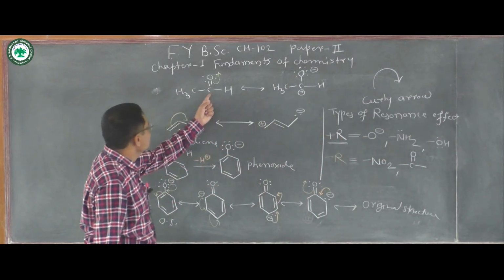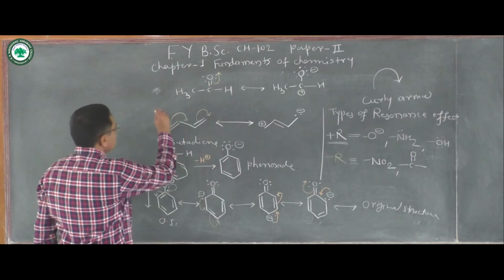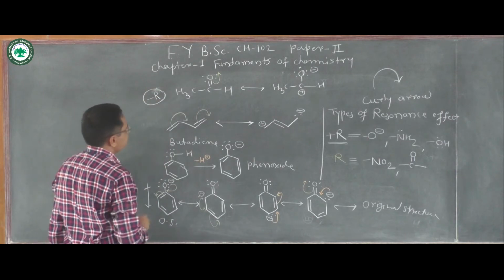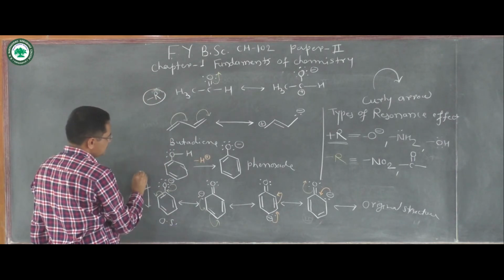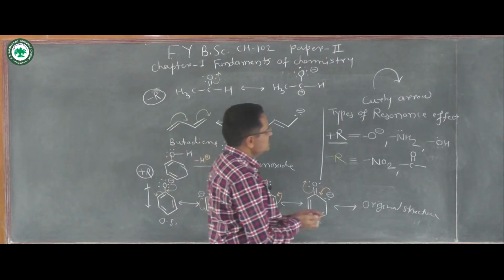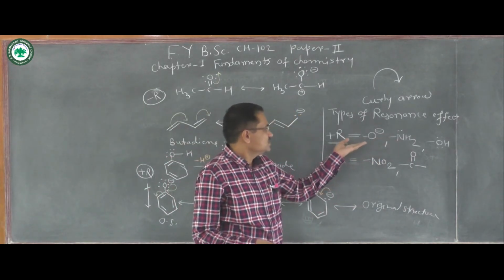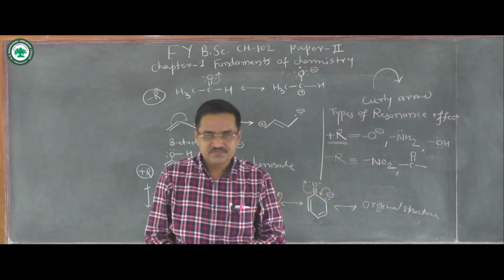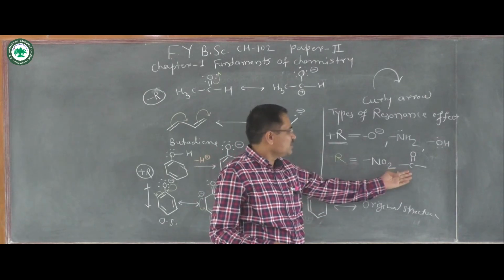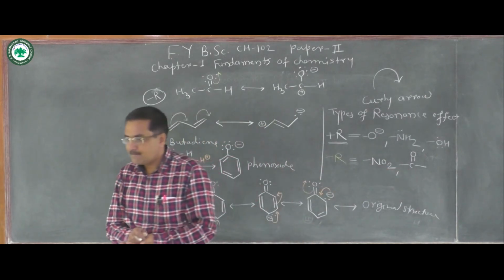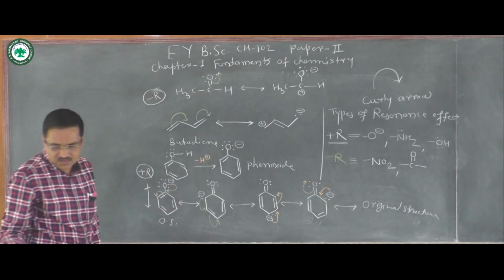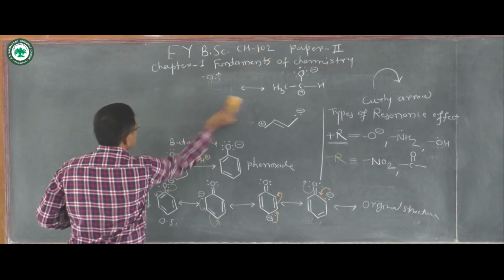Now here we consider CO. This is the example of minus R effect, and here this is the example of plus R effect. So some groups show the plus R effect and some groups like NO2 or carbonyl group show the minus R effect. Now we will see some other examples.